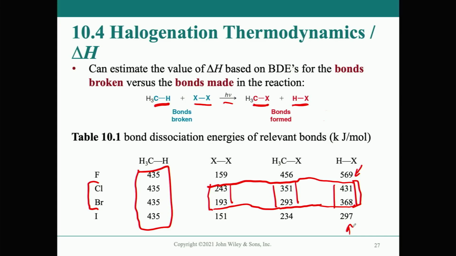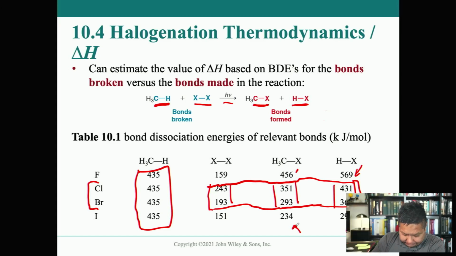Same thing here, way up at 456 for the formation of the methyl fluoride, and then the formation of the methyl iodide way down there at 234. A little bout of dyscalculia there. 234, right? And we'll see some implications of that in just a second.